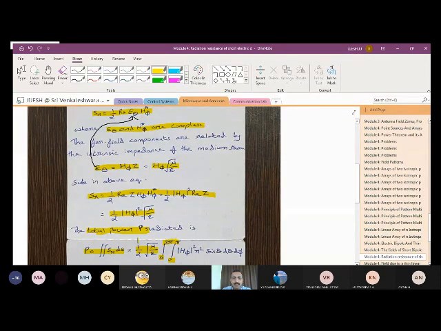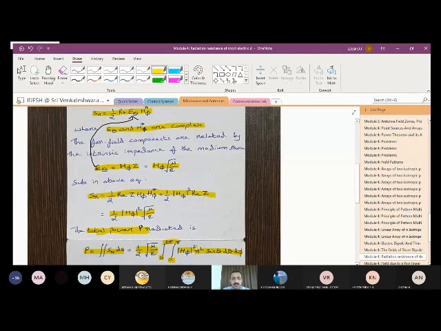I have substituted S_r here. H phi square will be left out, and dS. We already studied that dS is equal to r square sine theta d theta d phi. These equations we have already studied in the previous classes. If you don't know, you can just make a note of it.